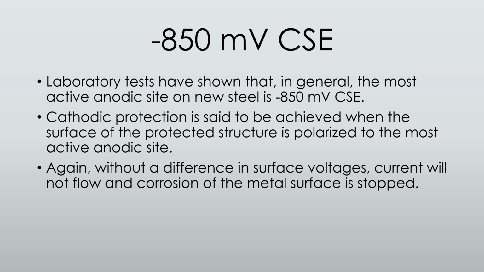This is when you kind of have to take my word for it, but laboratory tests have basically shown that in general the most active anodic site on new steel will be about negative 850 CSE. So cathodic protection is said to be achieved when the surface of the protected structure is polarized to the most active anodic site. Again, without a difference in surface voltages, current will be zero, and therefore corrosion is zero.